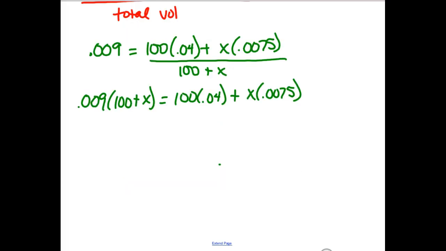All right. Distributing. Multiplying by 100 moves my decimal 2 places. So I have 0.9 plus 0.009X. Multiplying, what's 100 times 4%? 4.